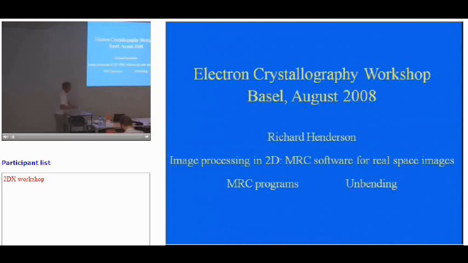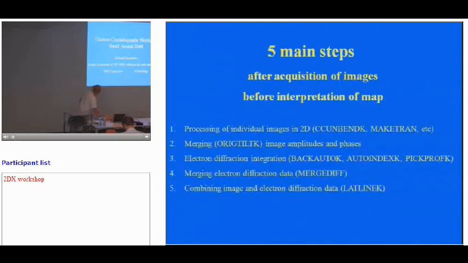So the title here is Hennig's title, because I think the idea was to divide up the topics in the course so that you could focus on each segment of what's involved in recording, processing, and interpreting images of 2D crystals into the different steps. So the idea was that I should cover only processing of the images in 2D.